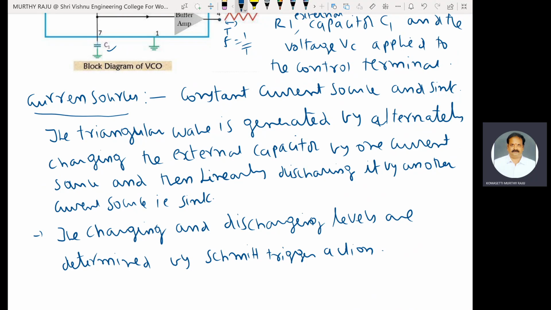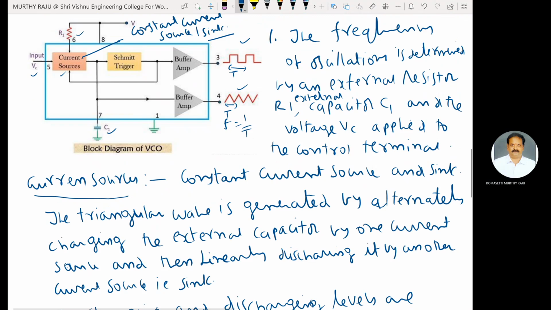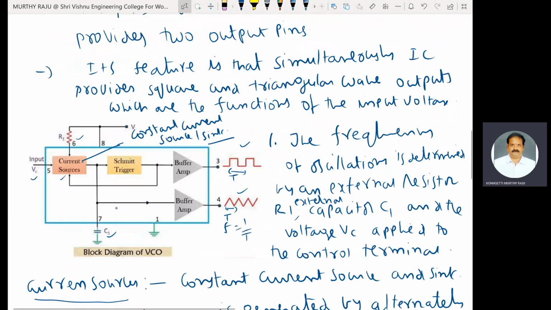The charging current can be controlled by controlling the voltage Vc at pin 5. The IC has current sources, shown in the figure, that are responsible for charging and discharging the external capacitor C1.